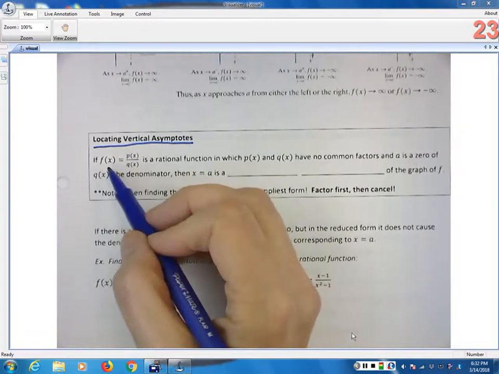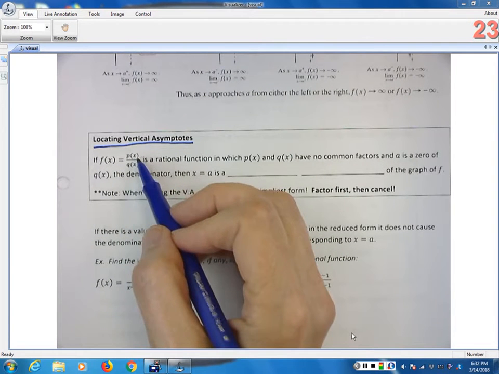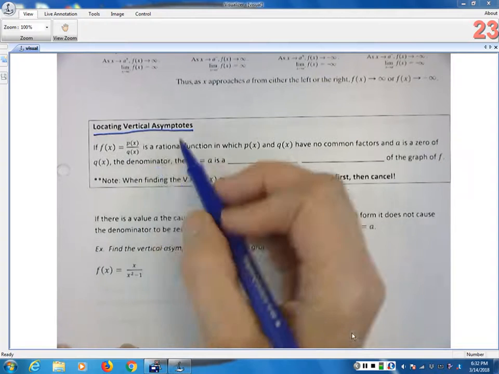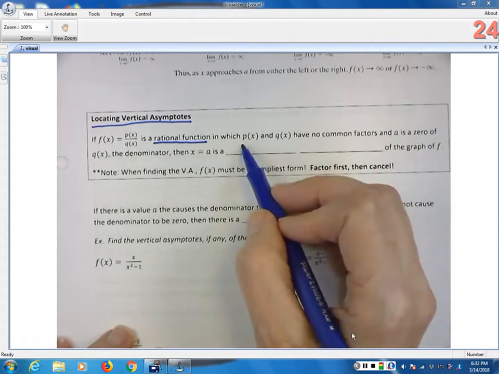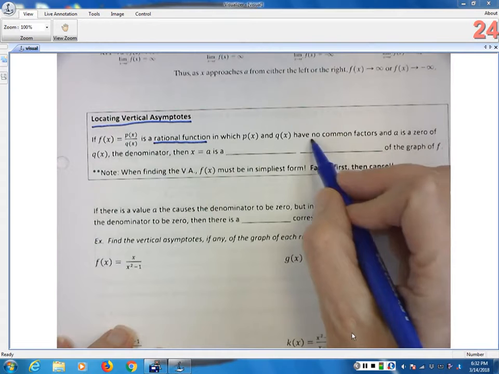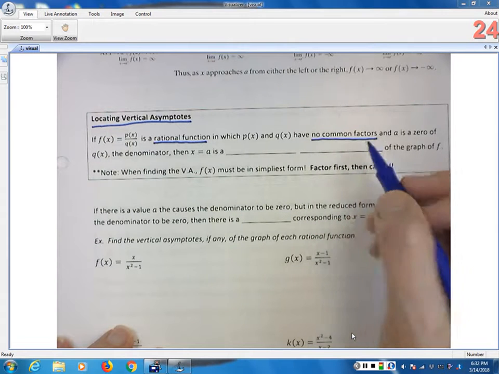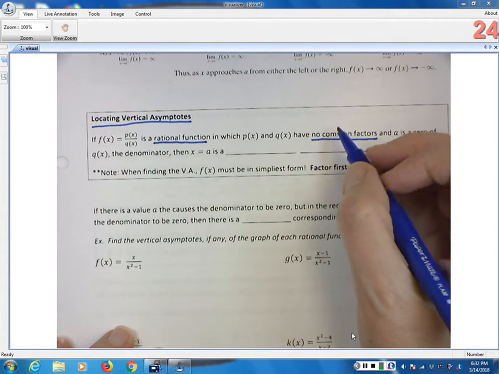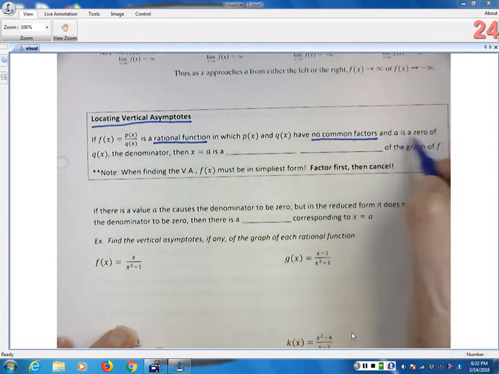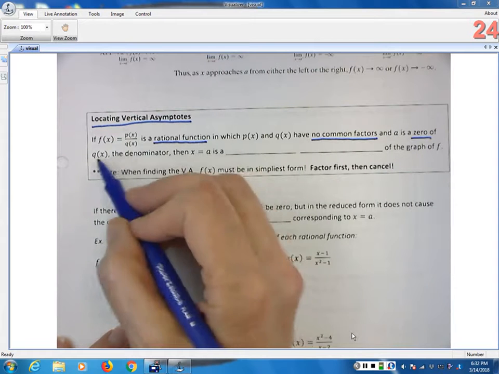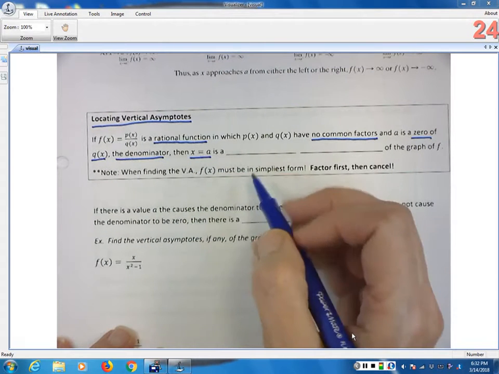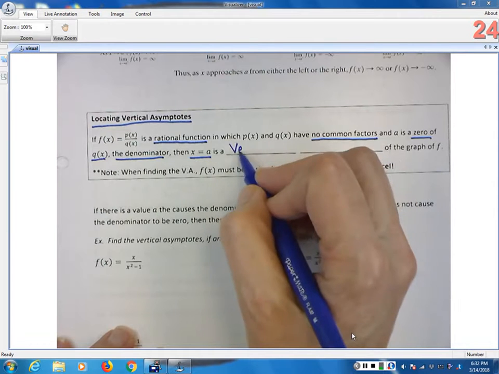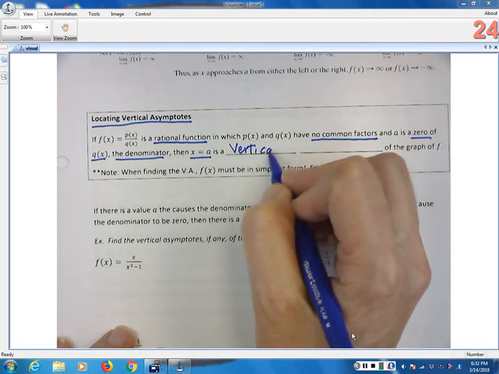We have f of x equals p of x over q of x, a rational function. And what we're saying is that p of x and q of x have no common factors, and a is a 0 of q of x, the denominator. Then x equals a is a vertical asymptote.